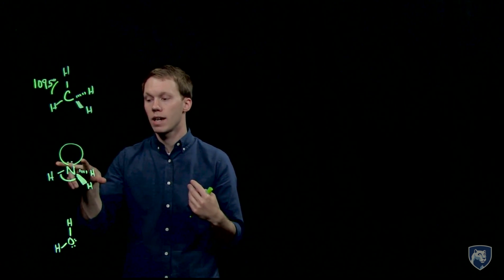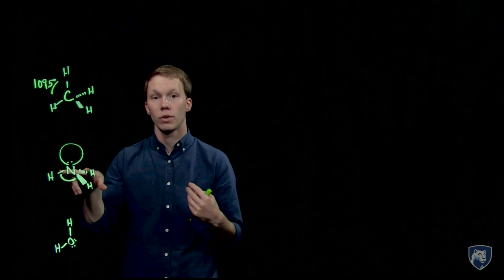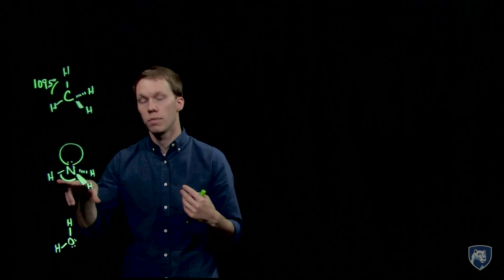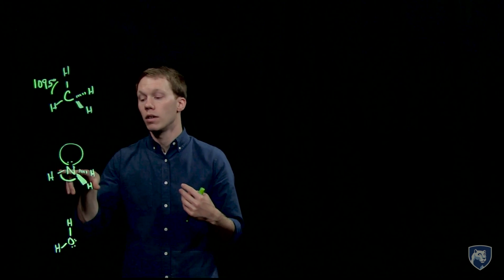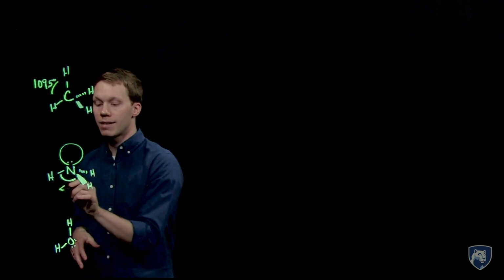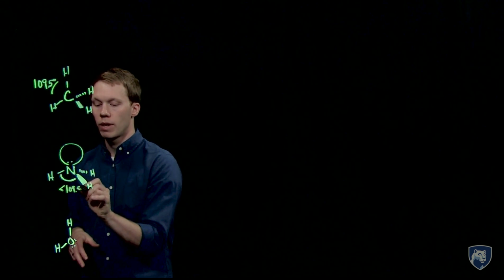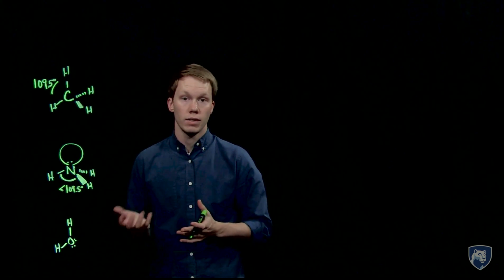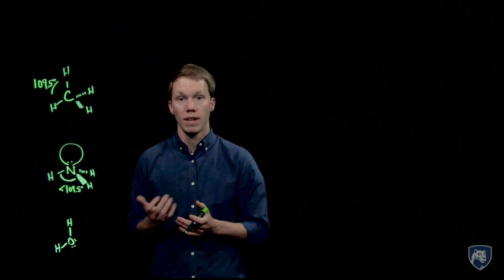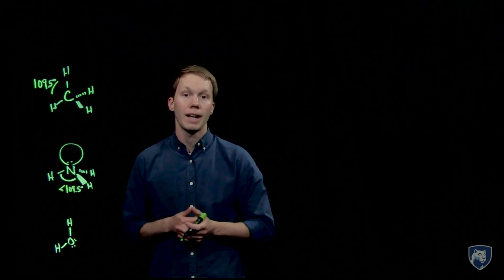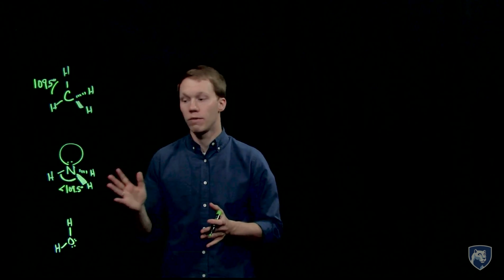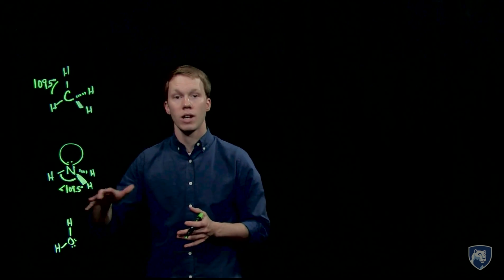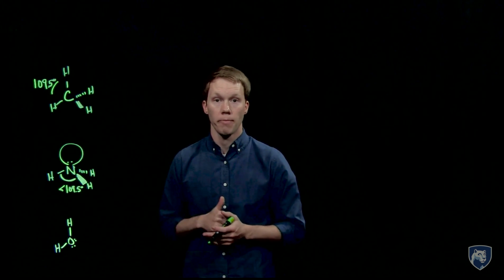Because the lone pair is taking up more space, it's repelling those other groups more than the other groups repel other groups. So this bond angle will be less than 109.5 degrees. And if you measured the bond angle, you could see that it's 107 degrees, in fact less than. But I'm not going to ask you those specific numbers. If you can identify it as less than 109.5 degrees, you are good to go.